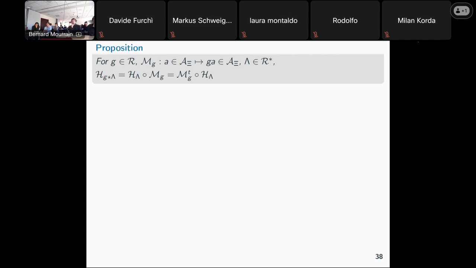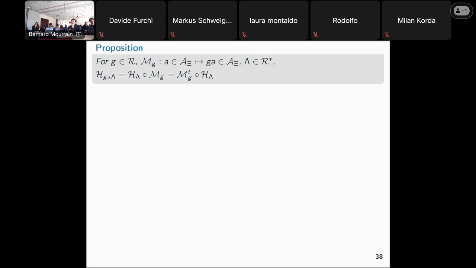Just going from the definition, we can see that it's the same as either we multiply first by G, so modulo the ideal, and then we apply the operator, so H lambda composed with M_G, or we apply H lambda and then we apply the transpose operator of multiplication by G. But this is just because of the effect here on lambda.